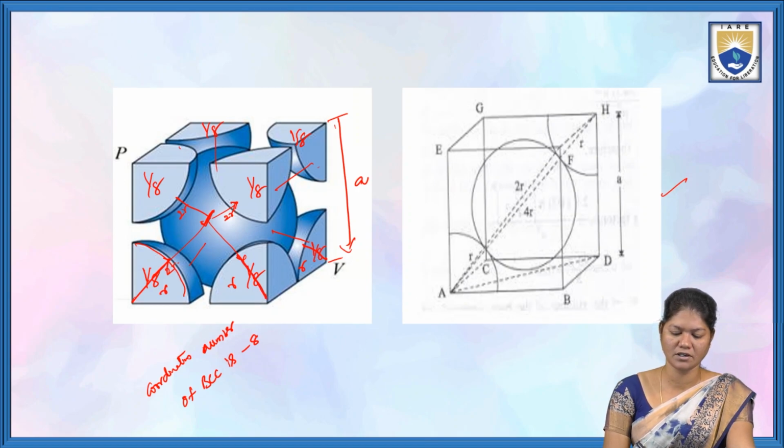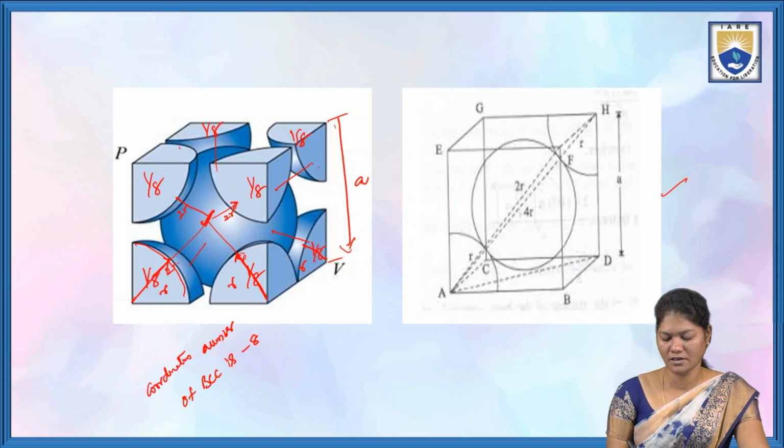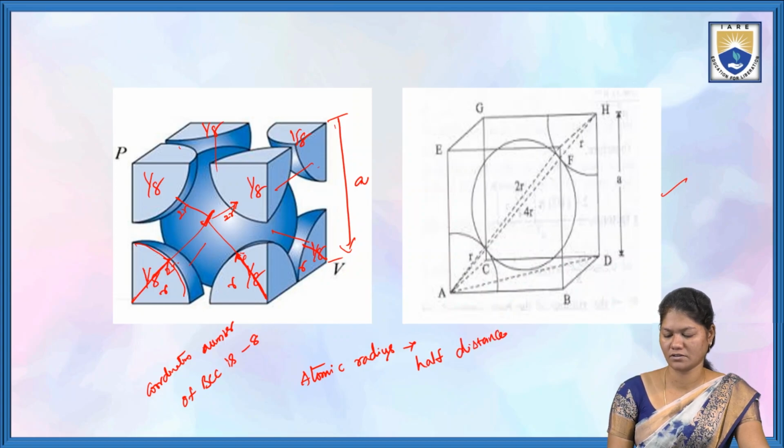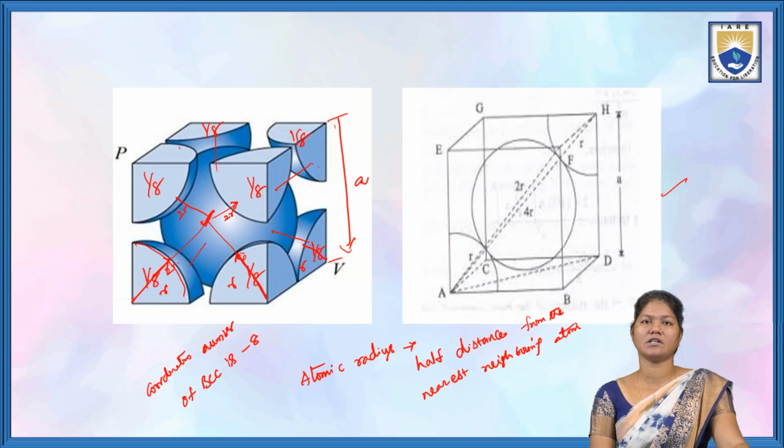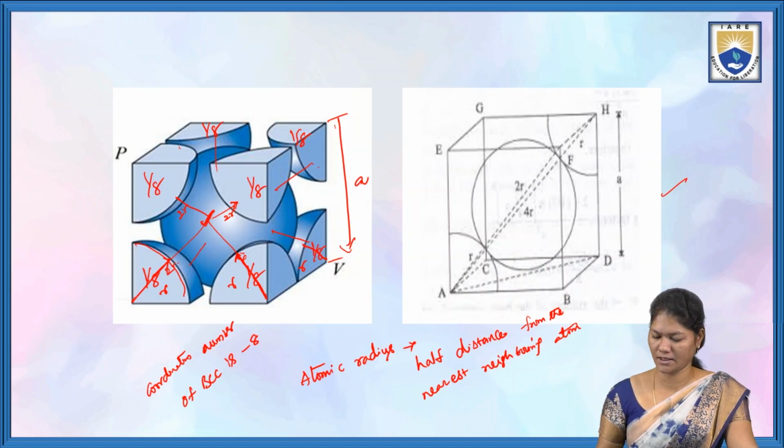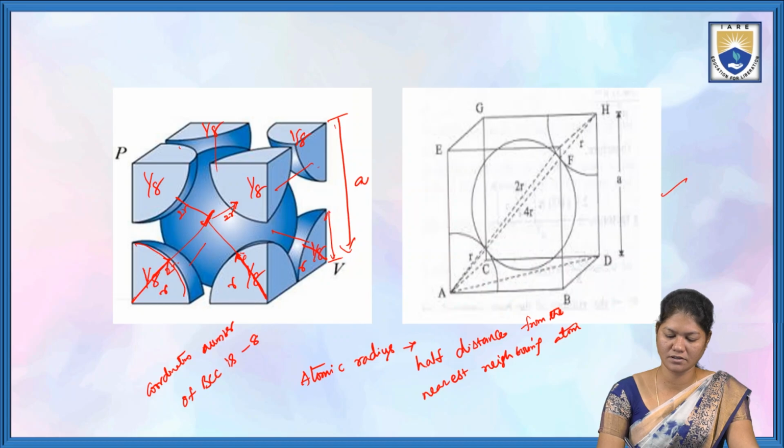The atomic radius is half of the distance to the nearest neighboring atom, r. So here to here, r.